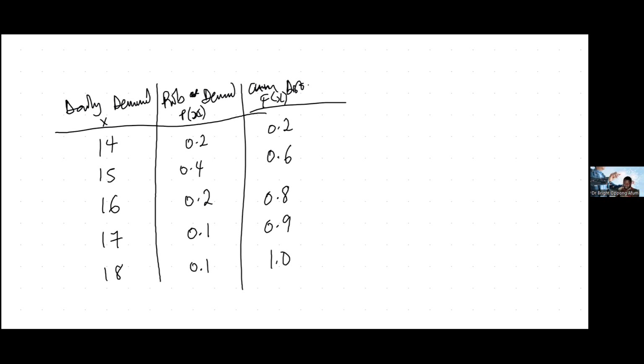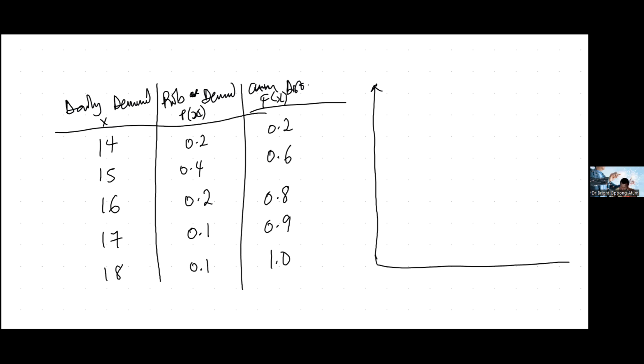So this is the cumulative distribution, right? So you can see that from here, we can actually graph this.